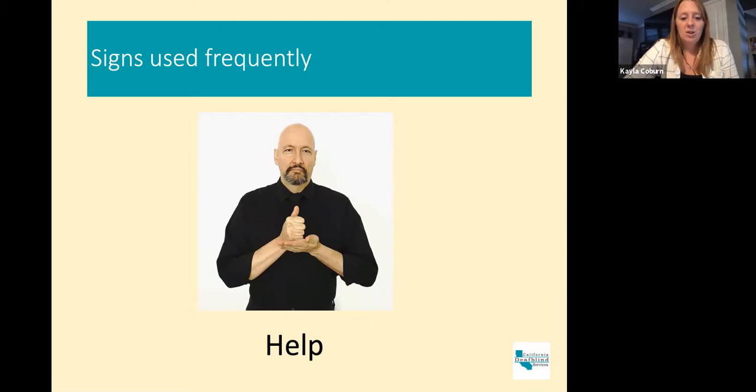I will show that again once we have the video. Help is a great one because children will sometimes ask for help by pulling on your pant leg, or yelling to get your attention. This is a great quiet way to ask for help.